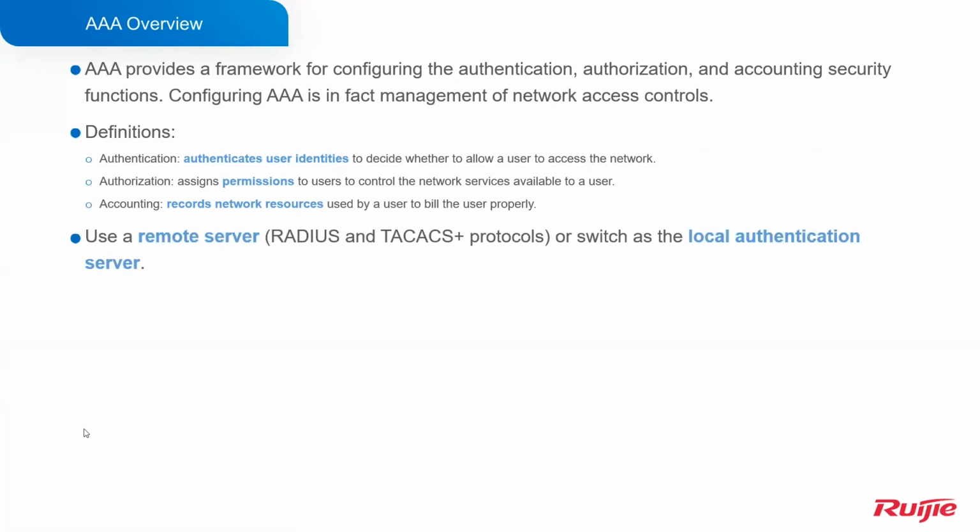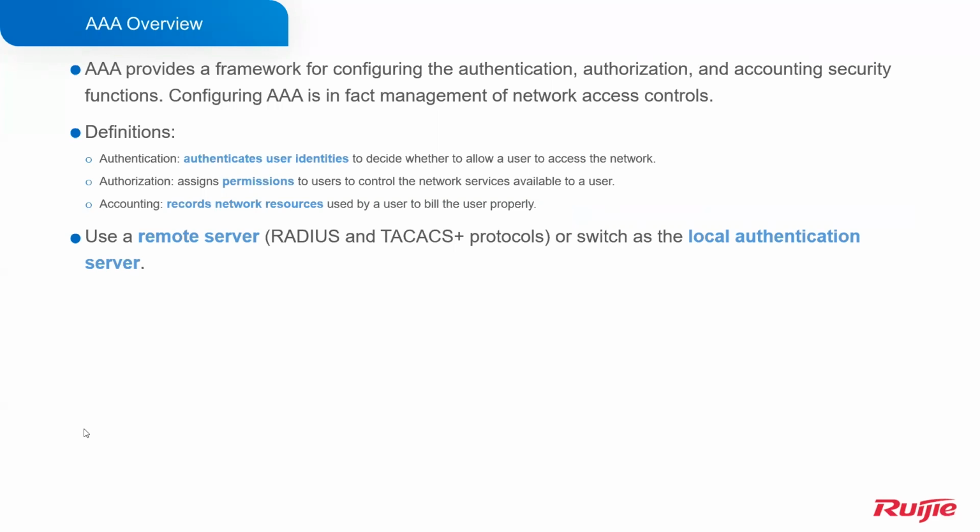The first thing is authentication. It authenticates user identifiers to decide whether to allow a user to access a network. So in other words, authentication is used to determine if this user is allowed to access or not. And authorization is used to determine, after accessing the network, what this user can do.